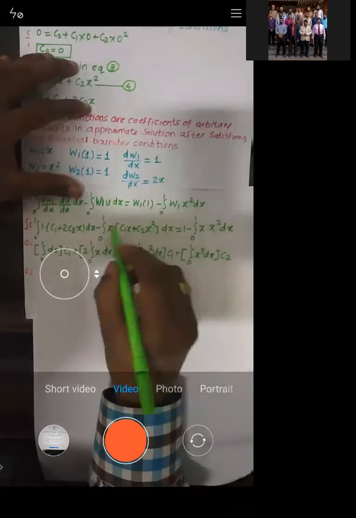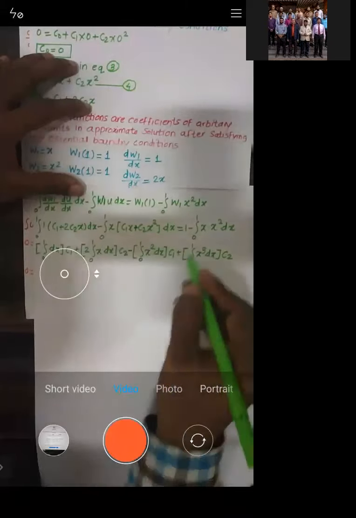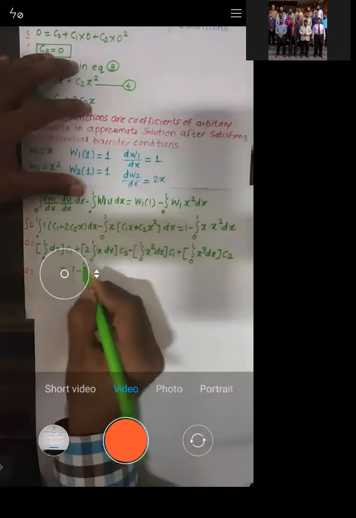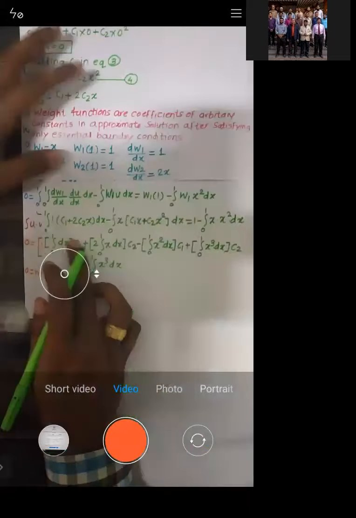X square into x is x cube, into c2 into dx, is equal to 1 minus the integration from 0 to 1 of x cube dx. Let me know how much value we are getting here.